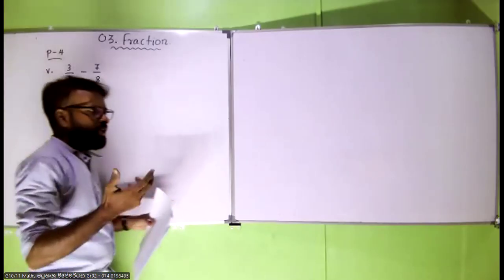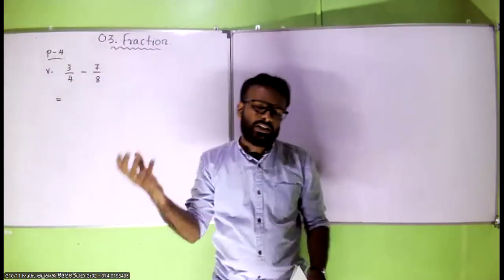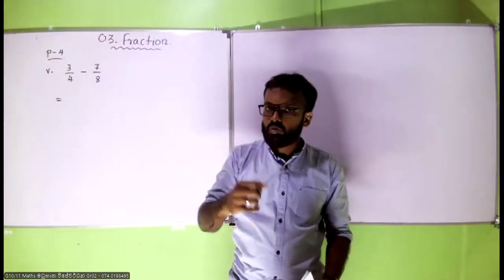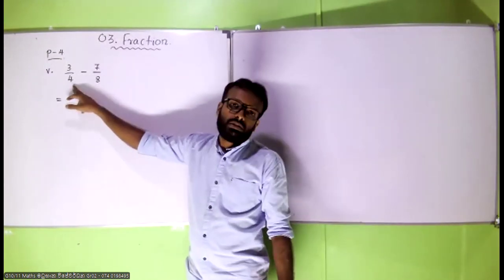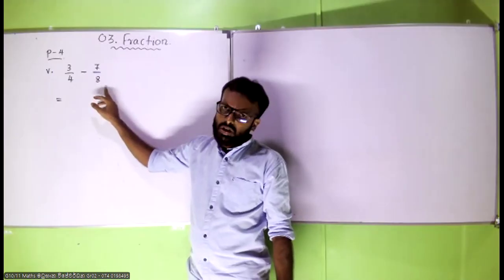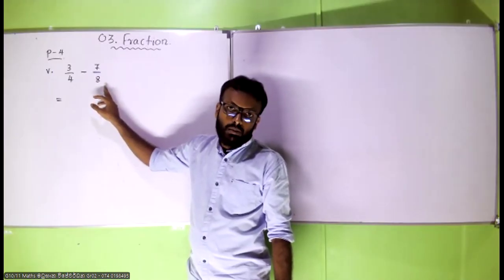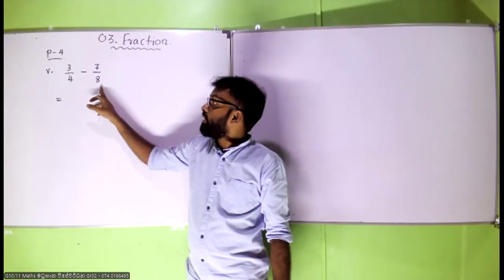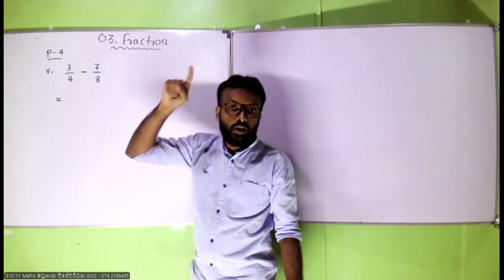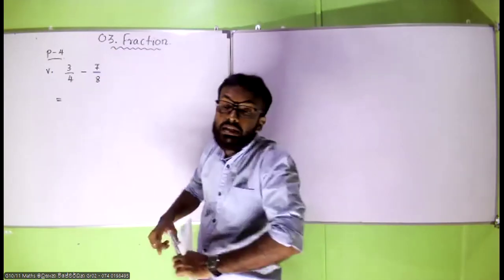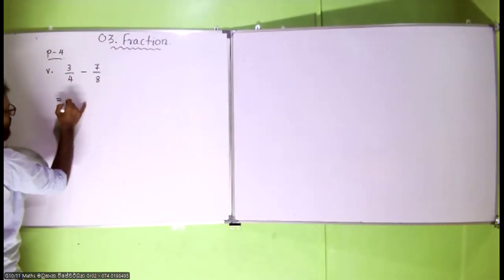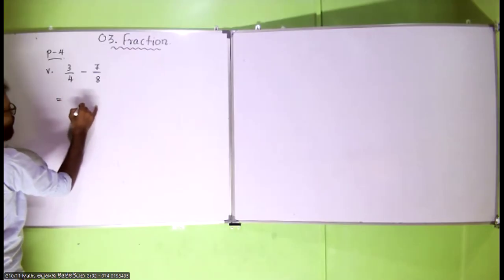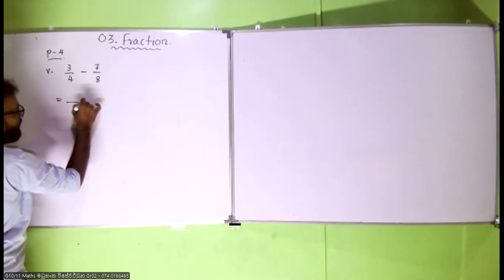Before finding the LCM, you might do this as a best practice. 4 is not a multiple of 8, but 8 is a multiple of 4. So your 4 can be converted into 8 easily, so that your LCM becomes 8. So you know your common denominator is 8.